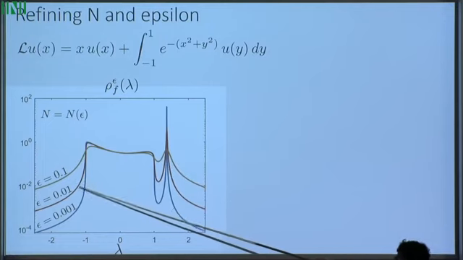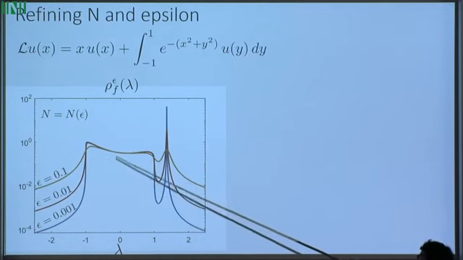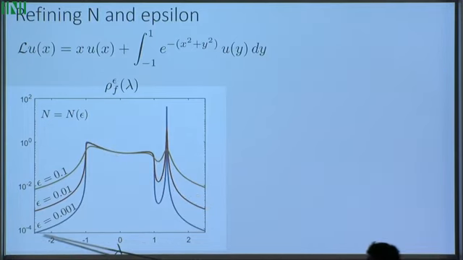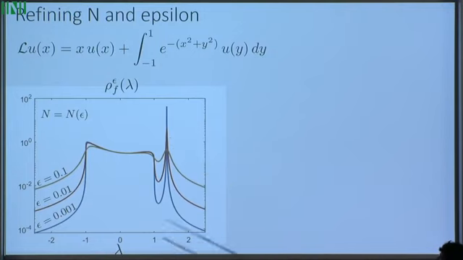As we refine epsilon and then adaptively solve, we see that we get something that looks like convergence to 0 off the continuous spectrum, which is from -1 to 1. Some density on the continuous spectrum, and then some spike sitting over here off the continuous spectrum. Again, I'll talk about that in just a minute.